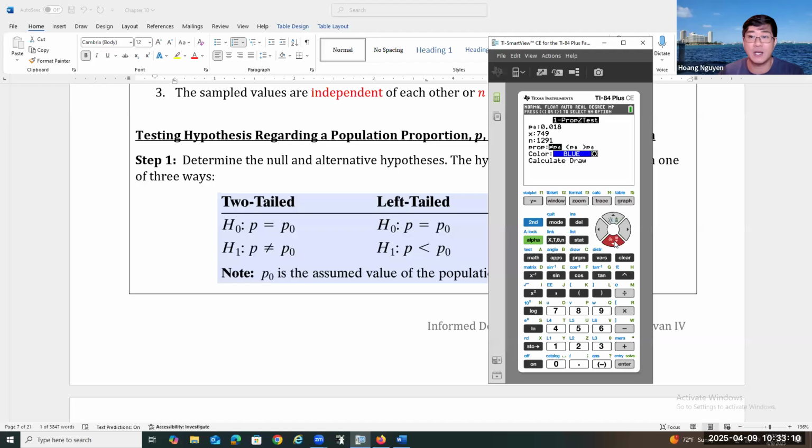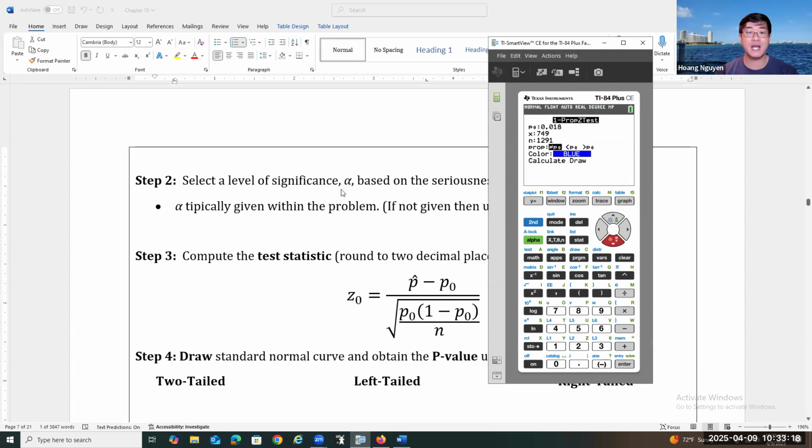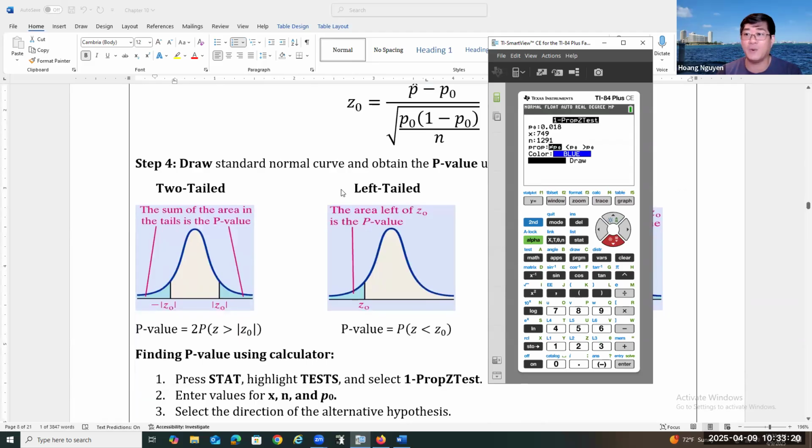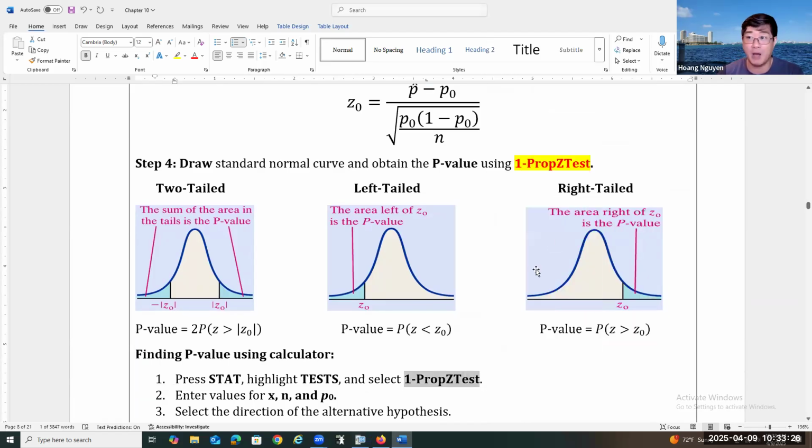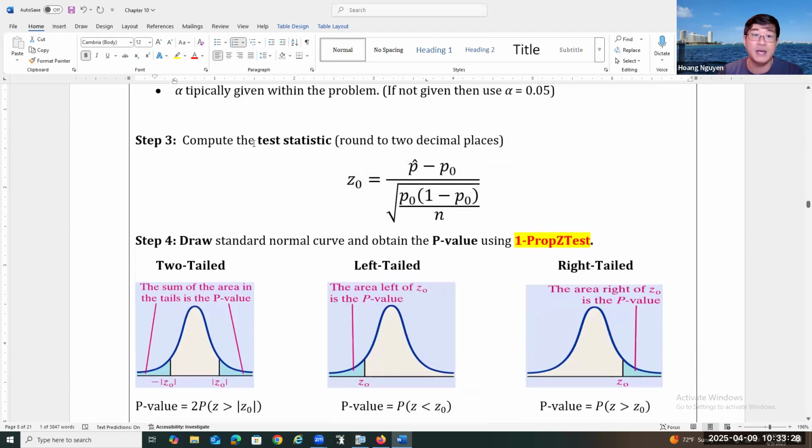And after that, we just go to calculate and we can see the output from the calculator. We're going to try this shortcut when we get to an example then. So that's going to be step number 4, calculate the p-value, or the probability value, based on the test statistic.